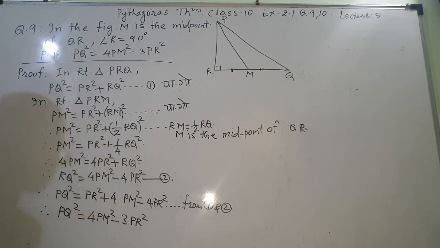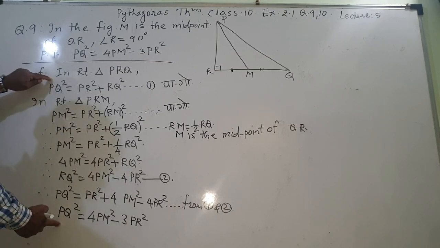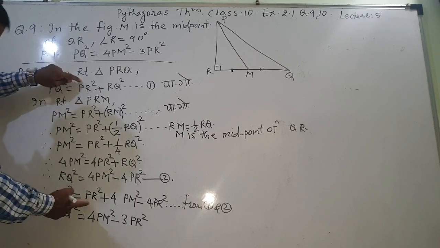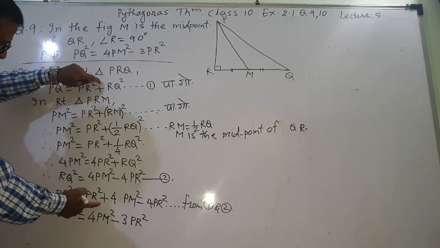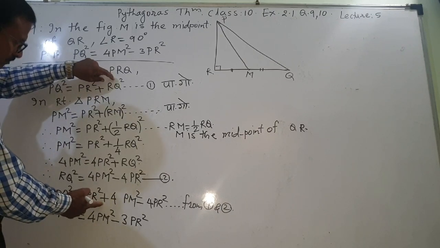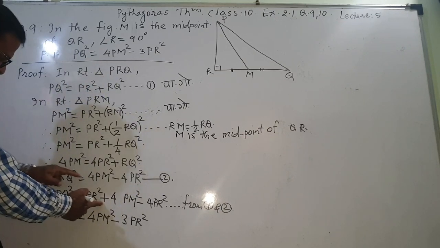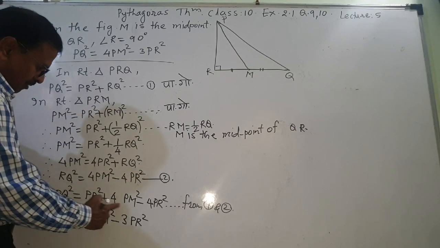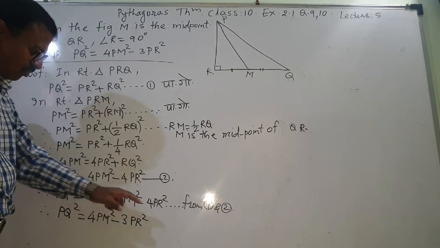Now see this and this number 2. PQ square, PQ square. Here PR square plus RQ square. RQ square means 4PM square minus 4PR square.